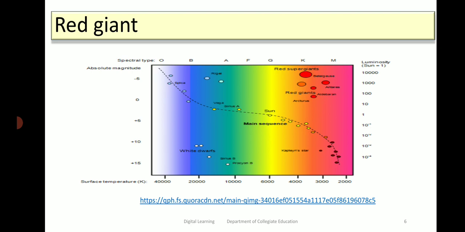For different spectral classes O, B, A, F, G, K, M, you can see the variation in absolute magnitude and the variation of luminosity of a star with the variation of surface temperature of the stars. You can see there are different stages of stars: red giants, red supergiants, main sequence, white dwarfs, and different stages of stars shown in this graph.